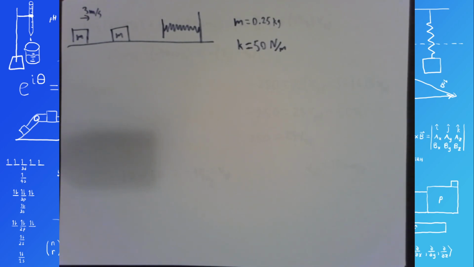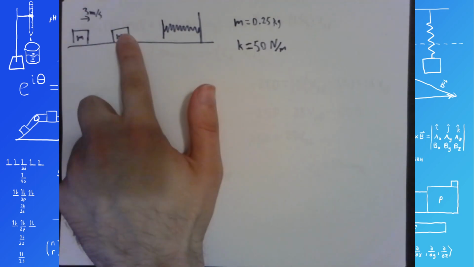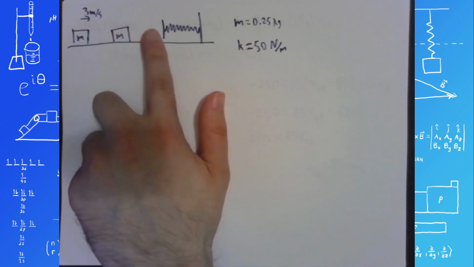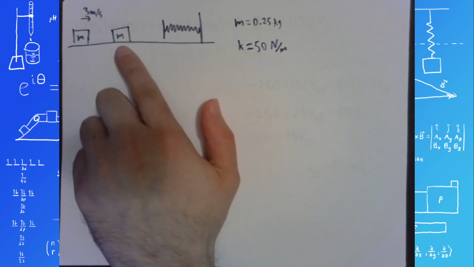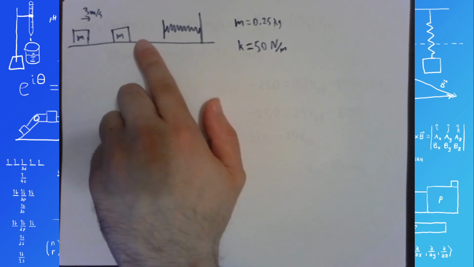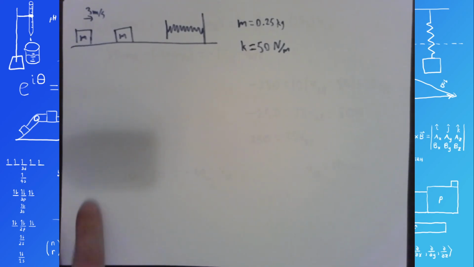So I guess the way it's going to happen is the first block is going to collide with the second block, which will gain some momentum to the right, bump into the spring and transfer energy to that spring.